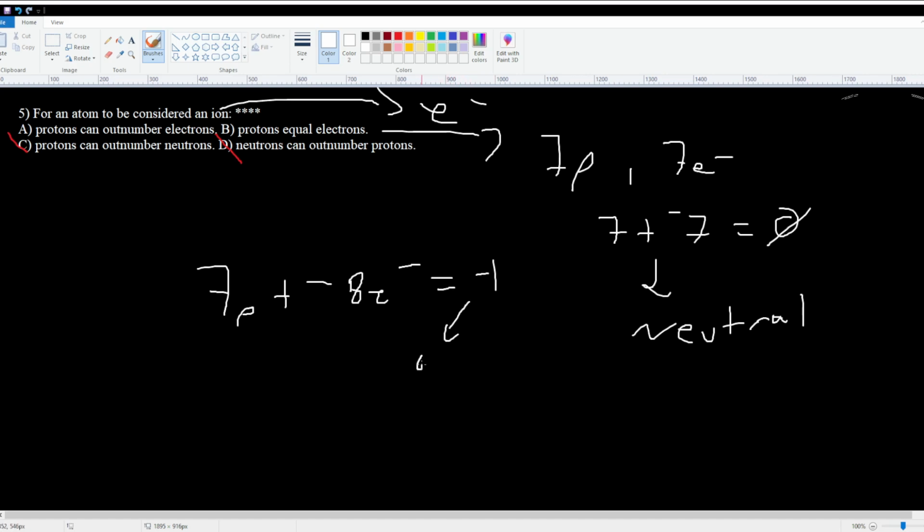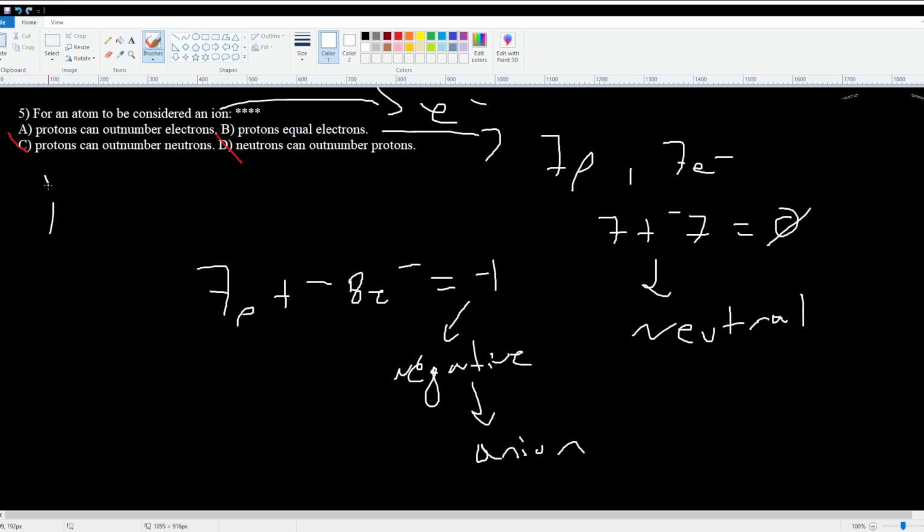So this is negative, which is considered an anion, right? So the answer is A. Protons can outnumber electrons for an atom to be considered an ion. But this is also not the only case. This could also be electrons can outnumber protons. That would also be considered an ion.